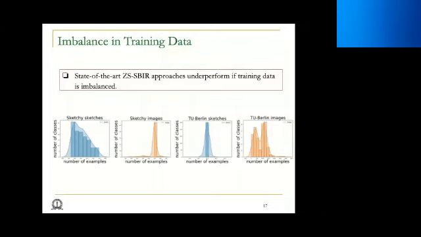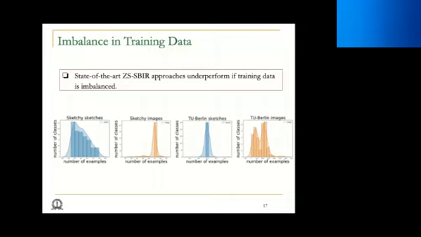Data imbalance in training is a well-studied problem, especially in the classification context. And this is essential because really we can't assume that all the classes will have the same amount of data, right? So we would not want to throw out data from the classes where more data is available, but we definitely need to do something about the classes which have very little data.